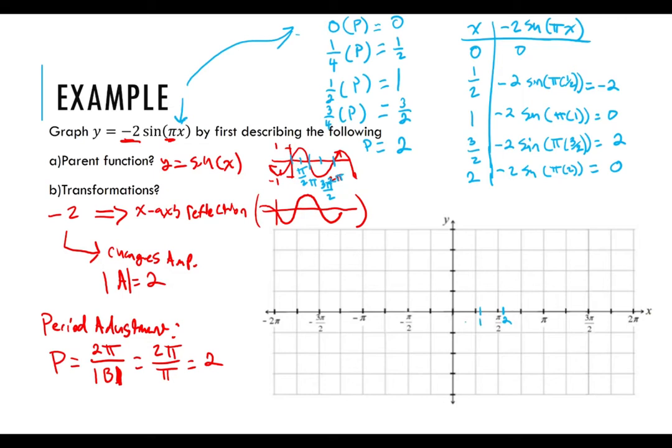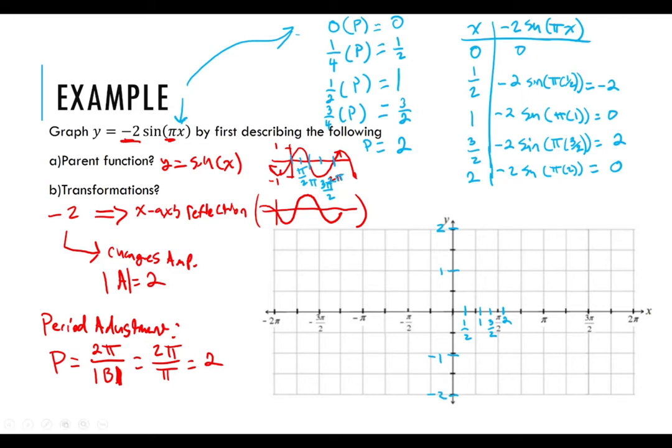And that means that a half is about right here. And here we have about 3 halves. So in that ballpark, there we are. Well, then I've got to add some other markers: 1, -1, 2, -2.